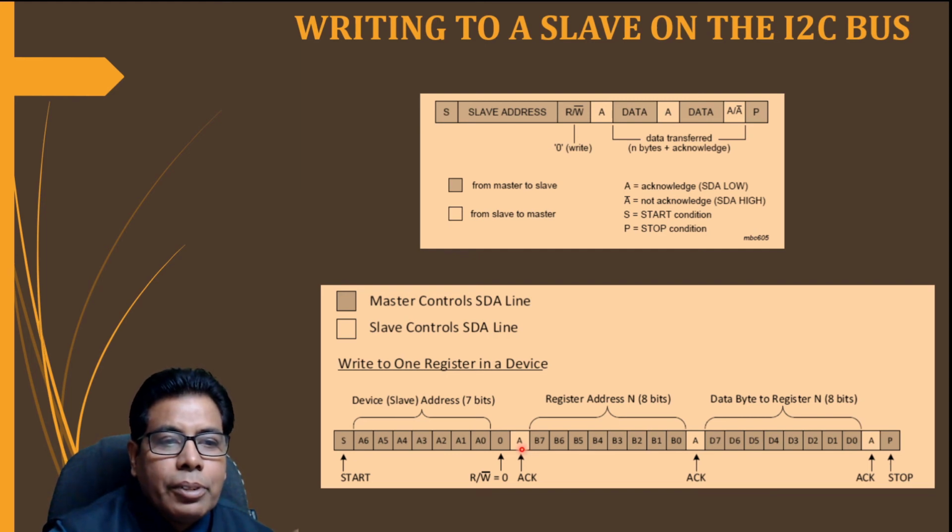So this will be coming on the SDA line. Then again the master will send the register address, so that will again be 8 bits B7 to B0, and again there will be acknowledgement coming from the slave, and again there is data D7 to D0 from the master, and the acknowledgement.